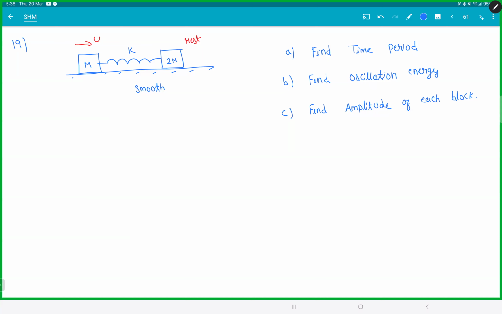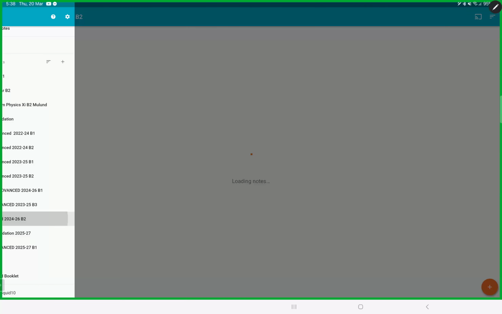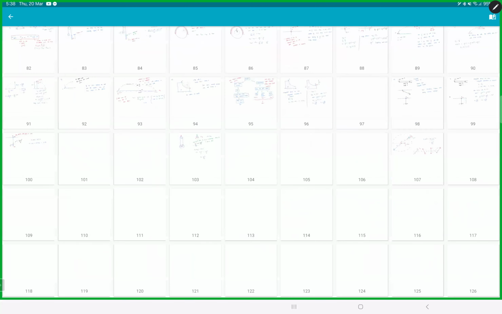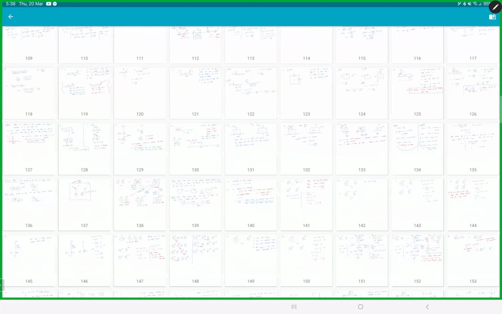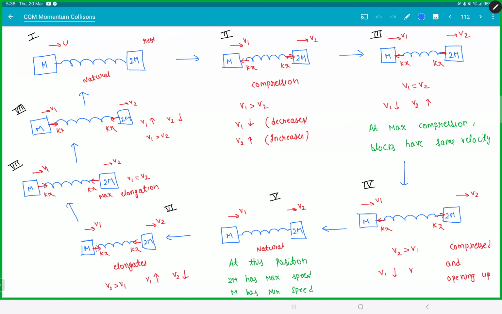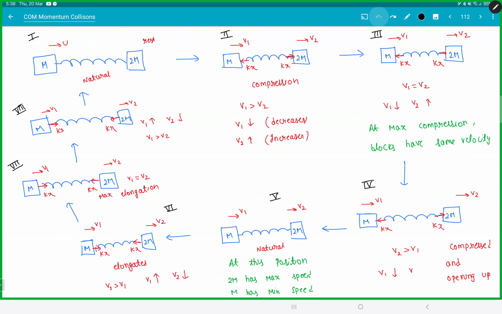Now, when you push this, the speeds of block m and block 2m will keep on changing. Agreed? For more analysis about this, you should definitely go to center of mass momentum. There, this was problem 30. We did a pretty detailed analysis on this. Do you remember this? We wrote total 8 states, so this will follow a cycle like this. You should definitely go through this in case you forgot.